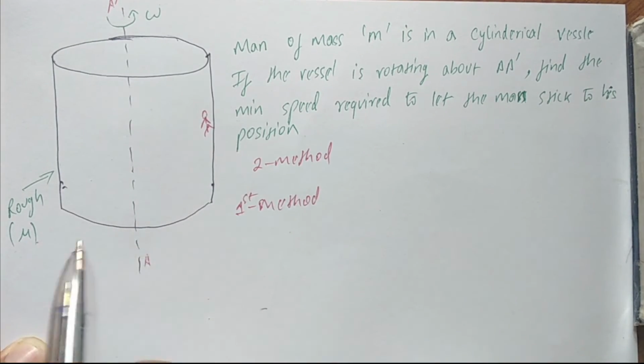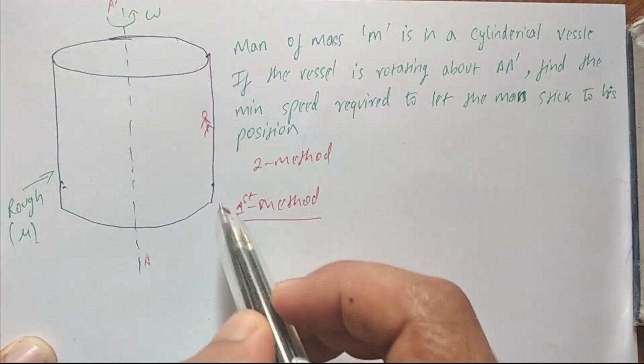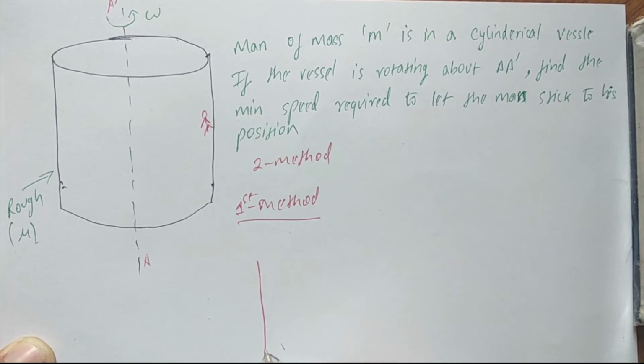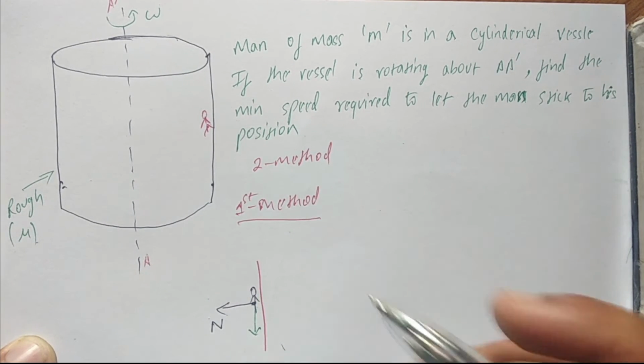So in the first method, the observer is on the inertial frame of reference, and the wall of this cylindrical vessel will exert a normal reaction on the person. We know that there is a normal reaction acting on this person due to the wall, as well as his weight acting in the downward direction.